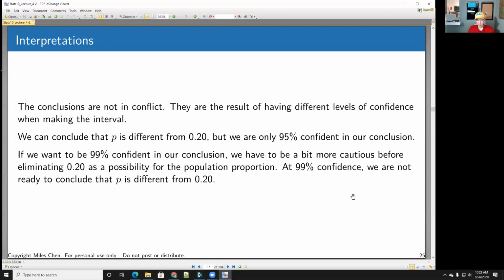Okay, at 99% confidence, we want to be very confident in the answer that we give, and therefore we have to be a little bit more tolerant in terms of what values are possible. We don't want to reject a certain possibility. Okay, right?